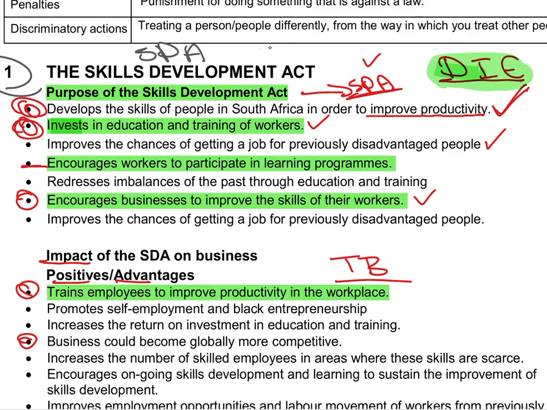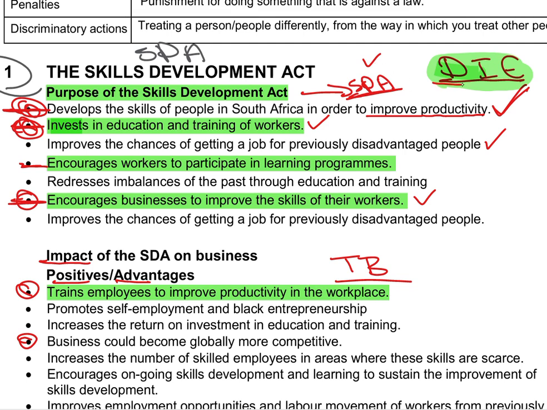So this will assist you whenever they ask you the Purpose of Skills Development Act. When you check, I highlighted this one, this one, and also this one. On this Purpose of Skills Development, they only want 3, which are going to be 6 marks.